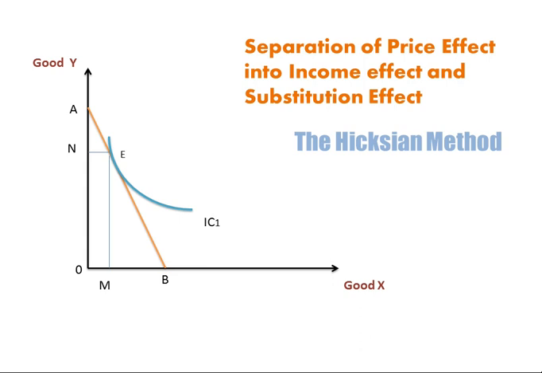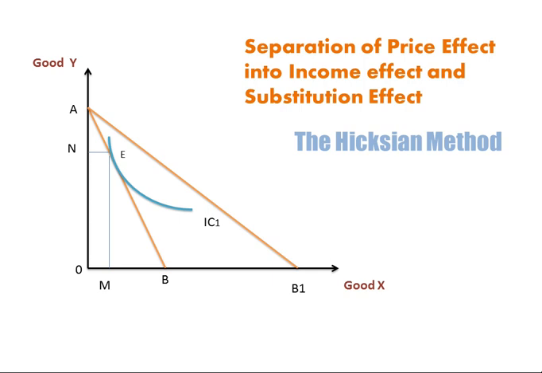Imagine that there is no change in the income of the consumer, there is no change in the price of good Y, but the price of good X decreases. If the price of good X decreases, the consumer can surely buy more units of good X if he spends all his income on good X. So the new budget line is AB1.